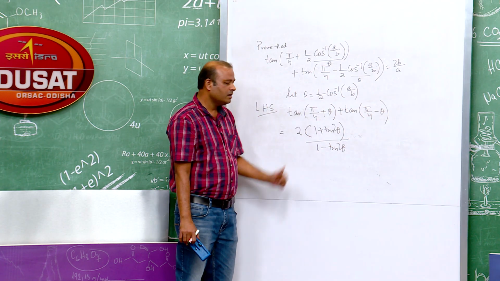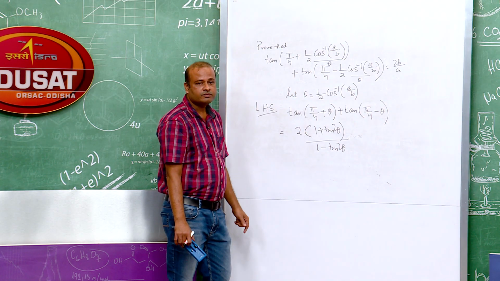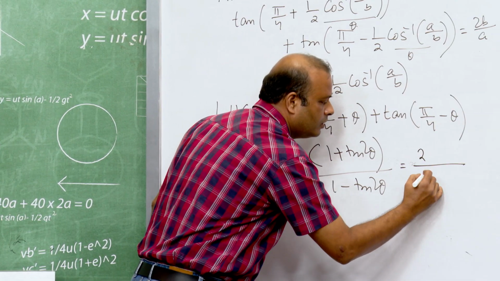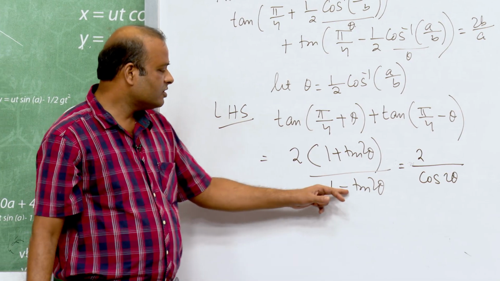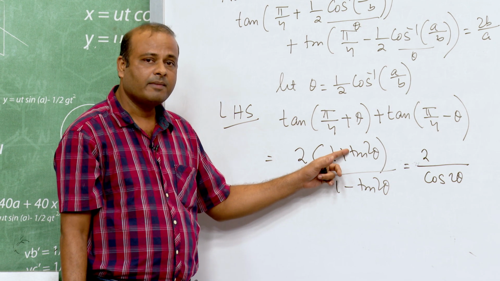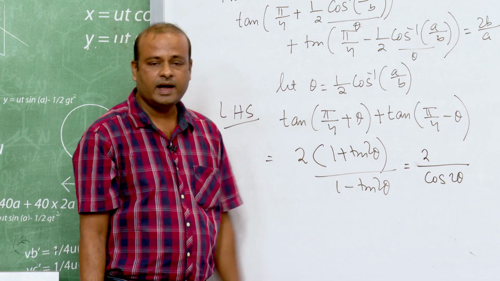I have omitted one or two steps. This equals 2 by cos 2 theta, because cos 2 theta is (1 minus tan square theta) by (1 plus tan square theta).